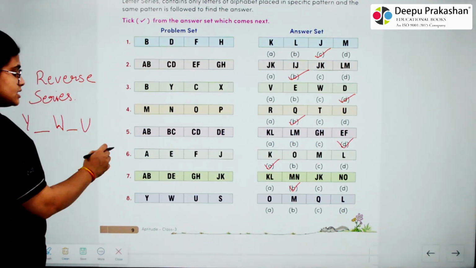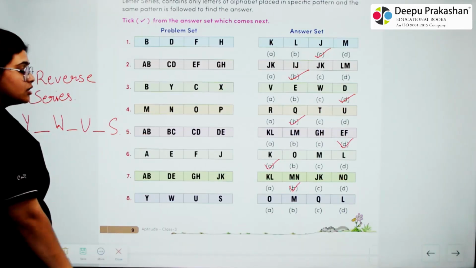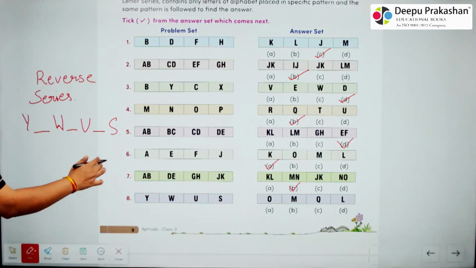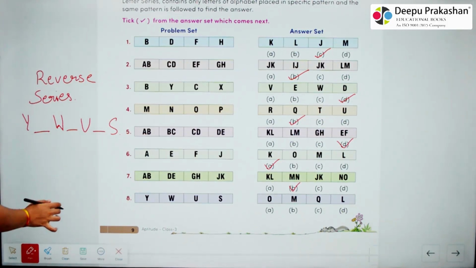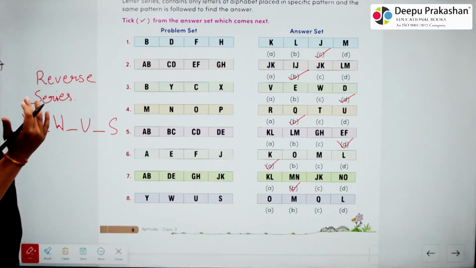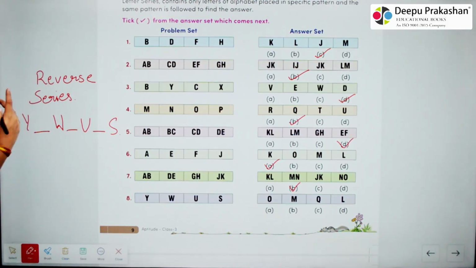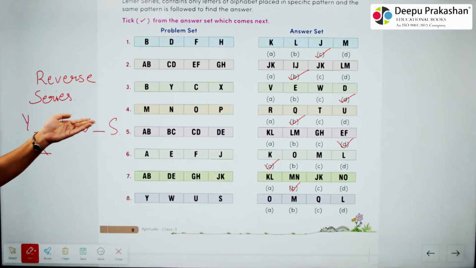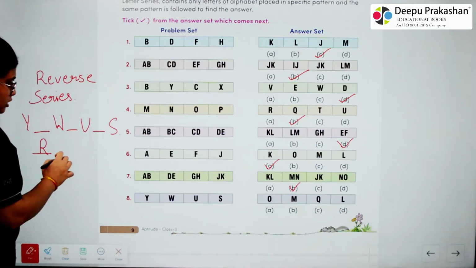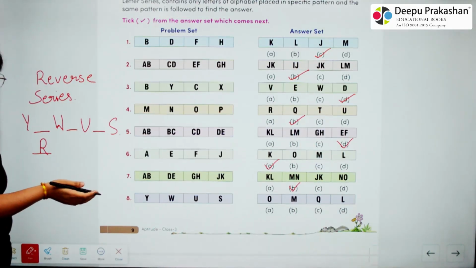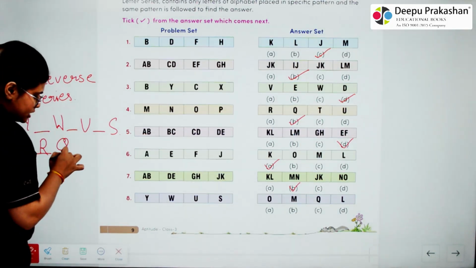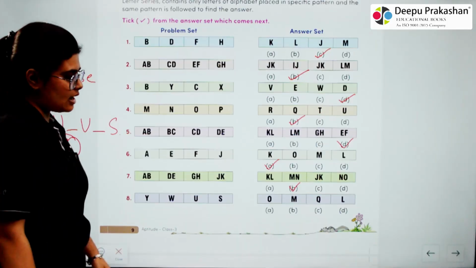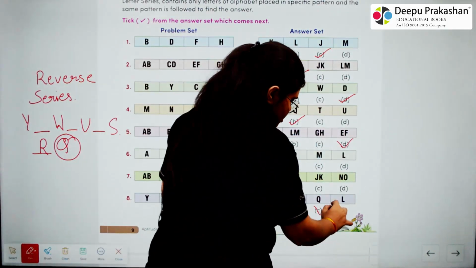Before U it's T, T is missing. So for the letter that comes after S, if we read the alphabet in reverse order, the letter that comes before S is R, but we have a gap of 1 letter, so the previous letter of R is used, that is Q. So Q is our answer for this series.